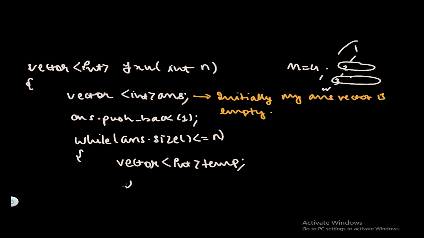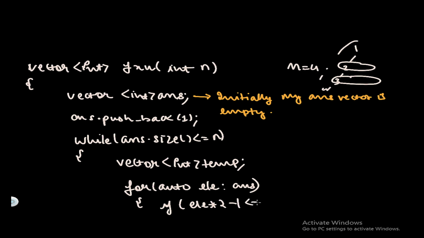Okay, so for every element which is there in the answer vector, if the element into 2 minus 1 is less than or equal to n, then temp dot push_back that element.